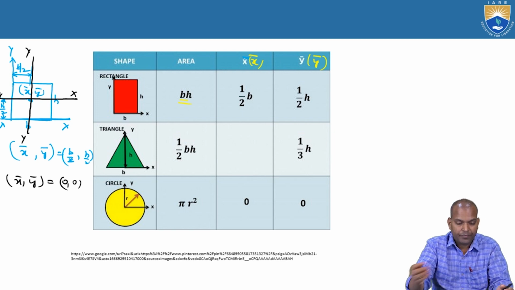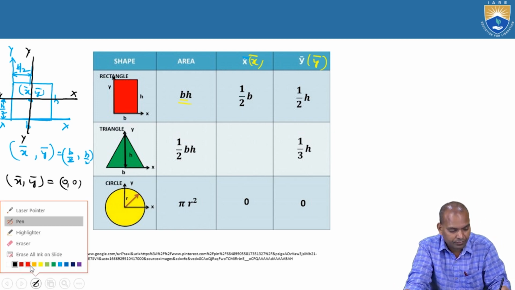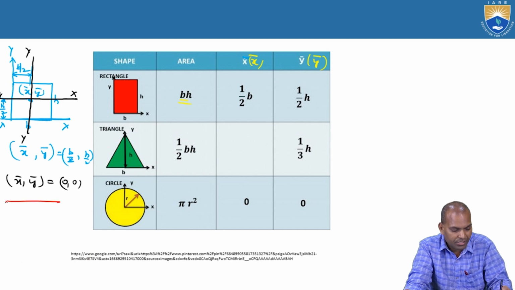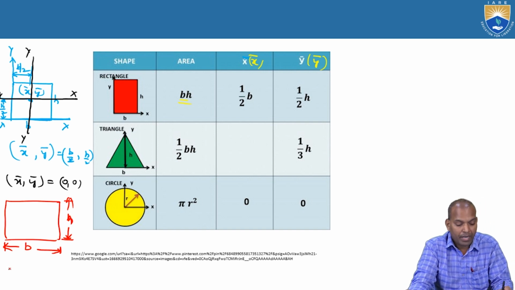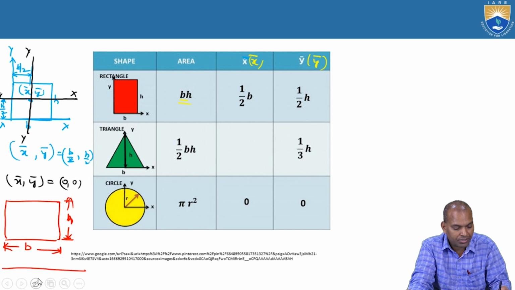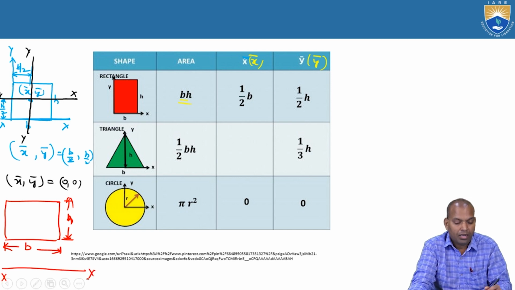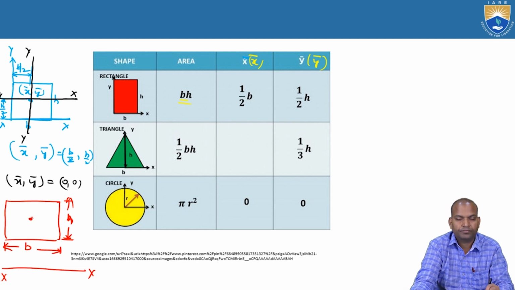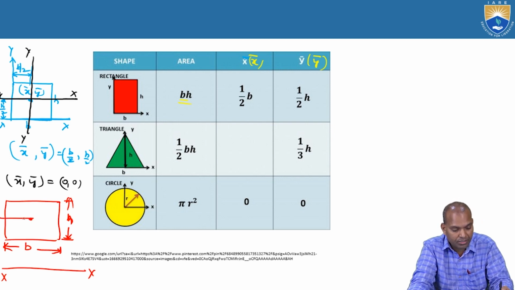Suppose I consider a rectangle having base B and height H. My axes are somewhere else, some distance away; it is the x-axis. From here to here, this distance is H by 2.